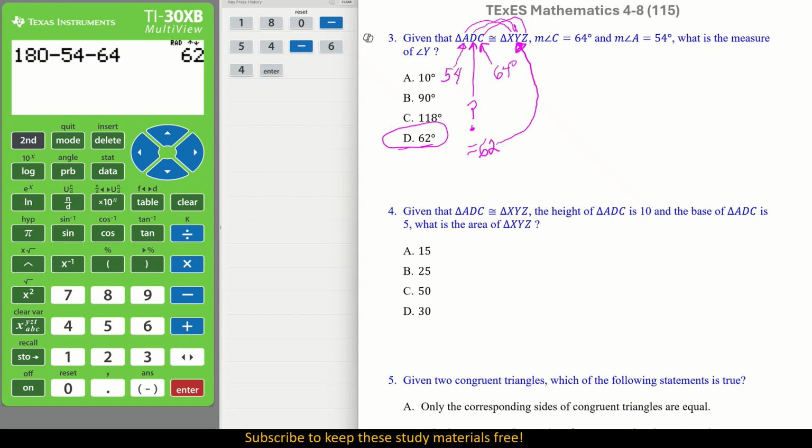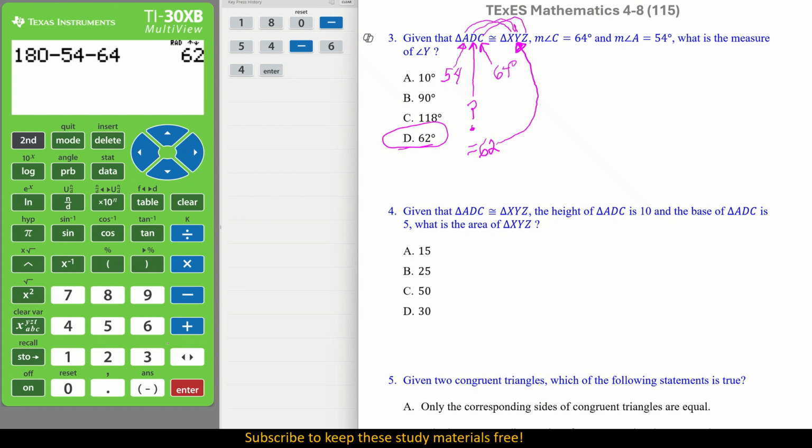Okay. All right. So let's look at number 4. Given that the same triangles are congruent, okay, the height of triangle ADC is 10, and the base of triangle ADC is 5. What is the area of triangle XYZ? Now they're congruent, so by definition, they will have the same area, okay?